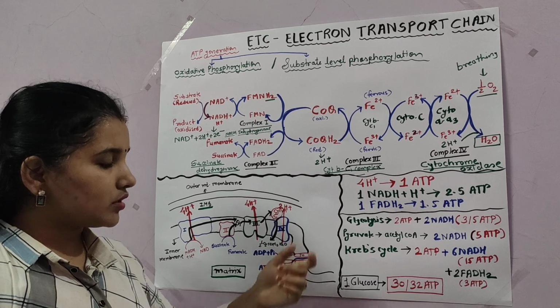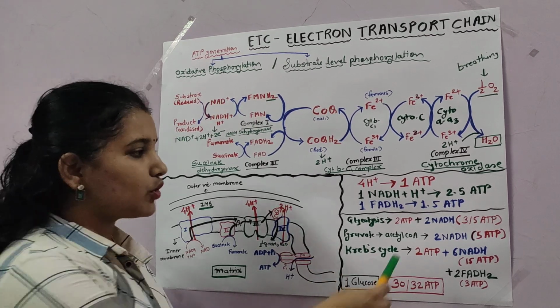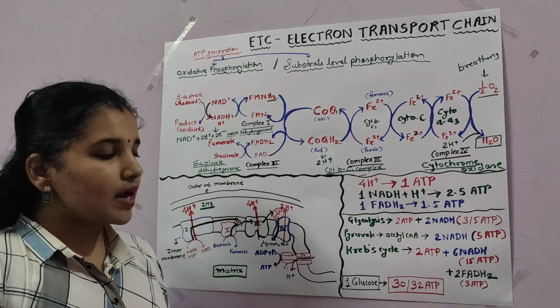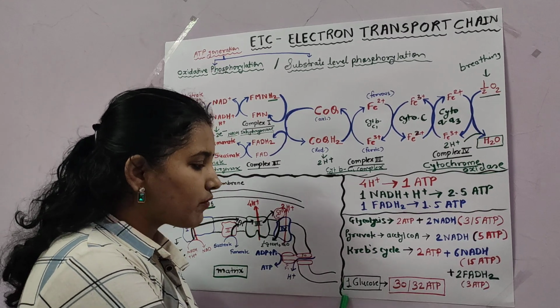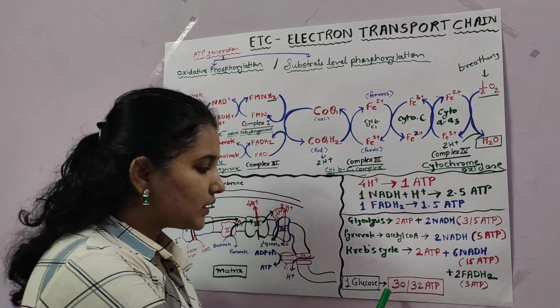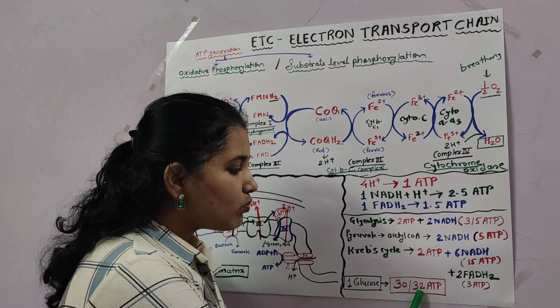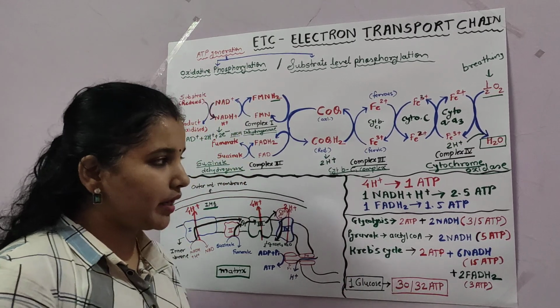If we total all these numbers, we can understand that from one molecule of glucose we can get either 30 to 32 molecules of ATP.